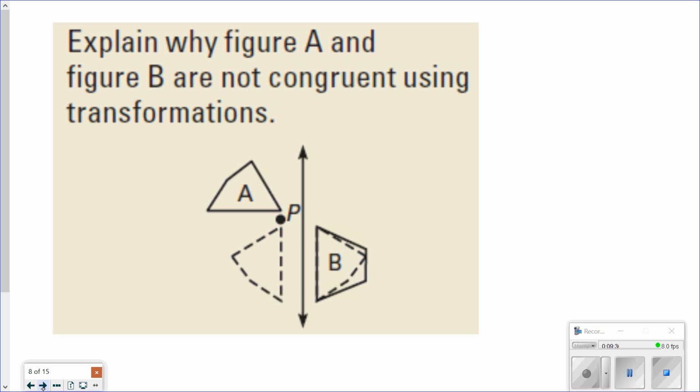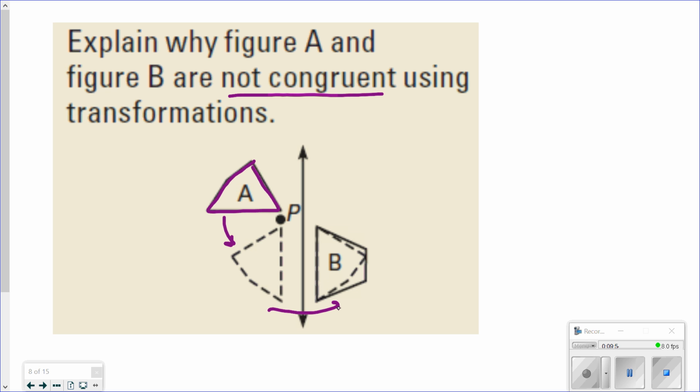All right, next we're going to explain why figure A and figure B are not congruent using the transformations. So we see figure A here. The dots are the transformation. It looks like we had a rotation here and then a reflection over this line.